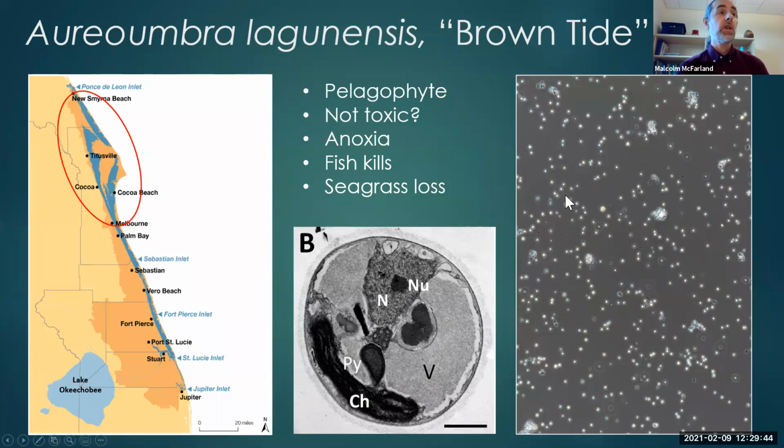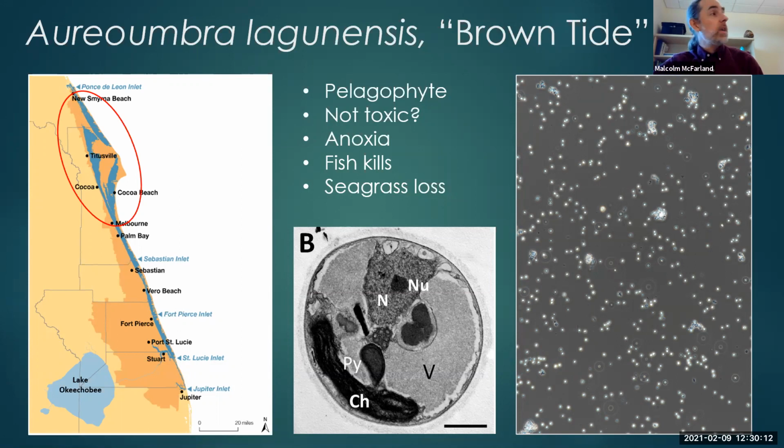So this is a type of organism called a pelagophyte, which is kind of unusual. It's not a very common class of organism, and originally it was associated with the open ocean environment and deep open ocean environments. And it's thought that it sort of found a niche within these coastal ecosystems where it was really able to explode and take off.